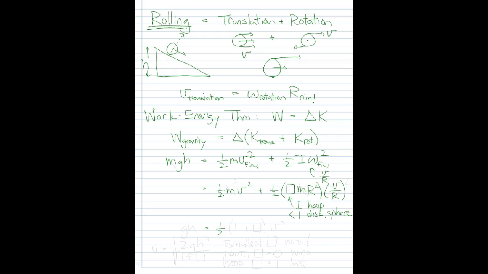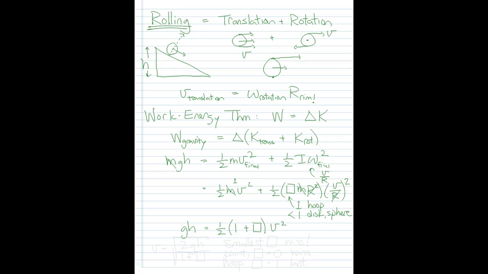And now here's something interesting: the m's actually cancel. The mass doesn't really matter here. And so we have gh is 1/2 v squared times 1 plus the number. Here's the 1, plus the box. So this r squared and this r squared cancel, and we have v squared as a constant factor.